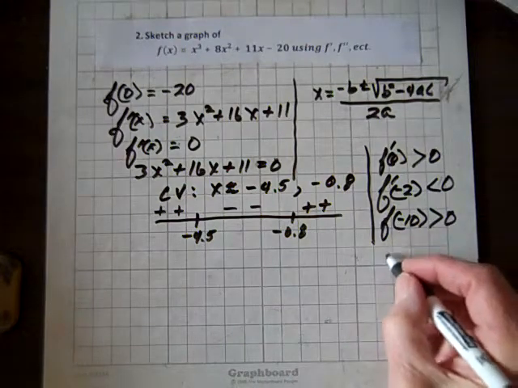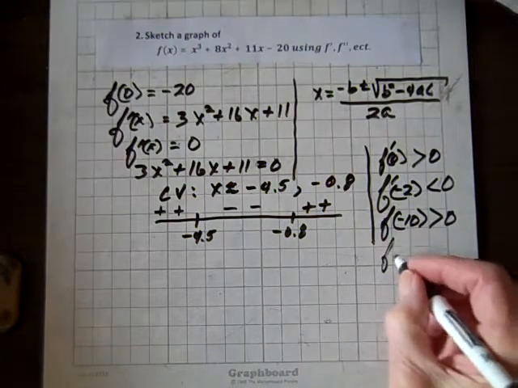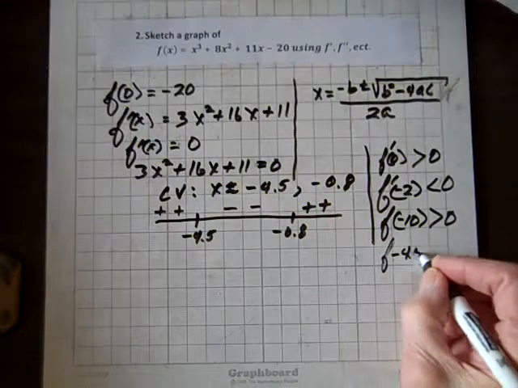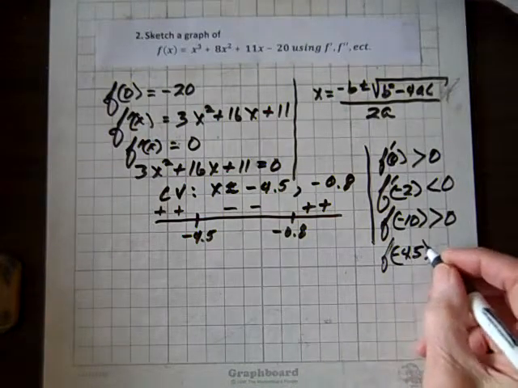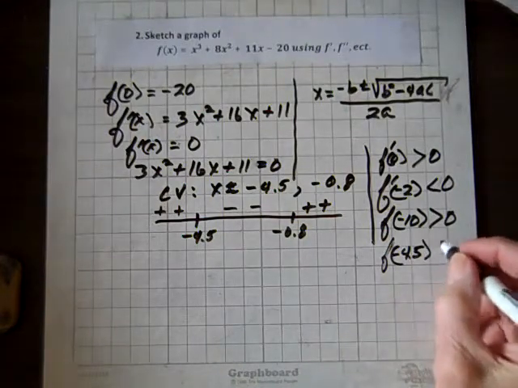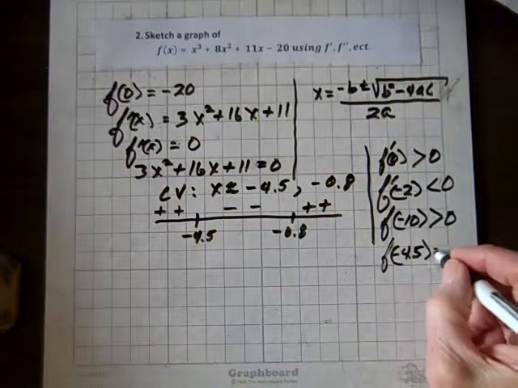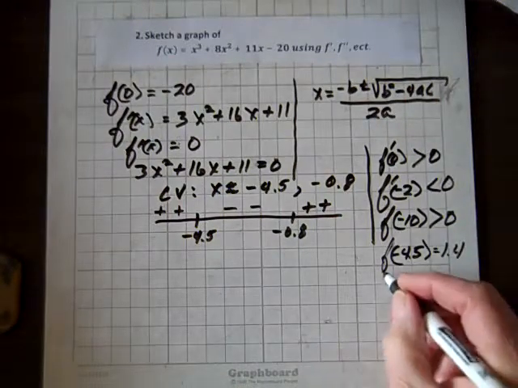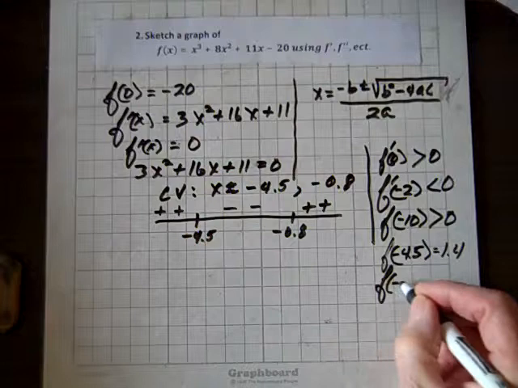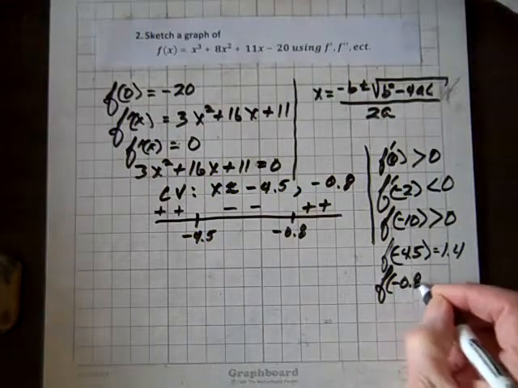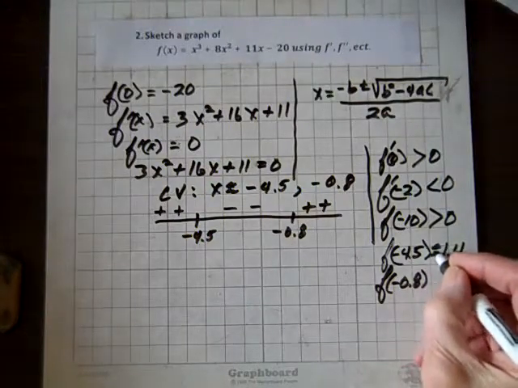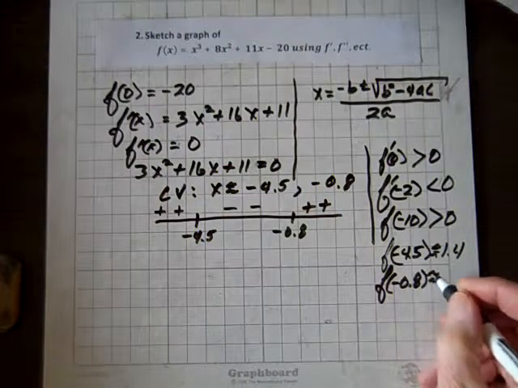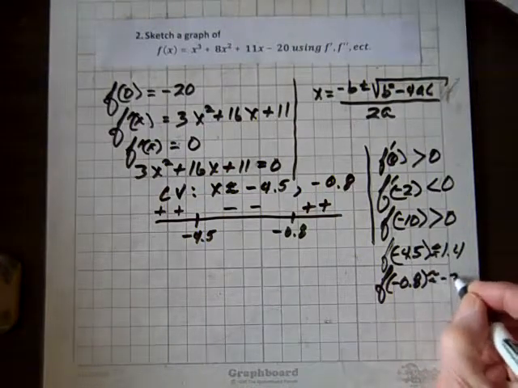Now we have to find the y values for those points. So let's look at f of negative 4.5, and what I get is 1.4, and f of negative 0.8, which is an approximate value, approximately equals negative 24.